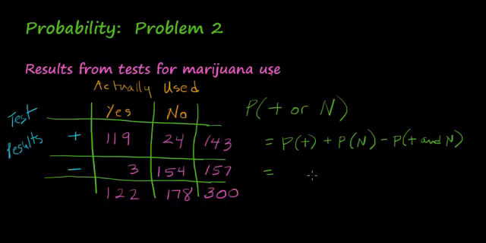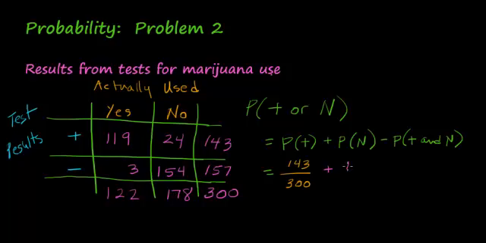Okay, so the probability that they tested positive would be the positive result. There were 143 that tested positive out of 300 people who were tested, plus those who did not use. How many did not use?